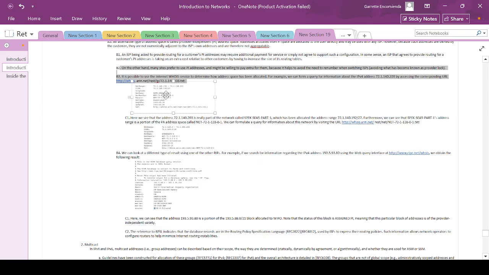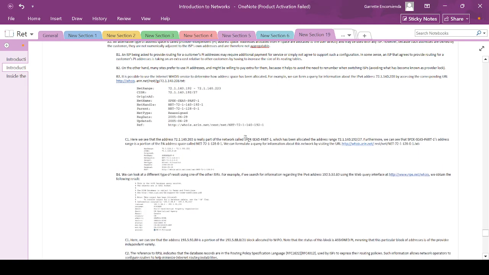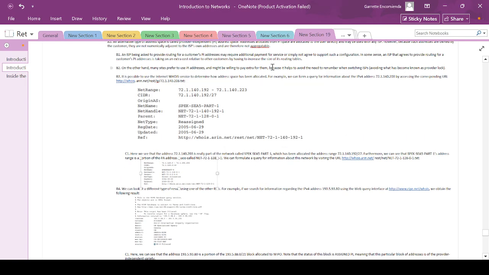On the other hand, many sites prefer to use PI addresses and might be willing to pay extra for them because it helps to avoid the need to renumber when switching ISPs, avoiding what has become known as provider lock-in.